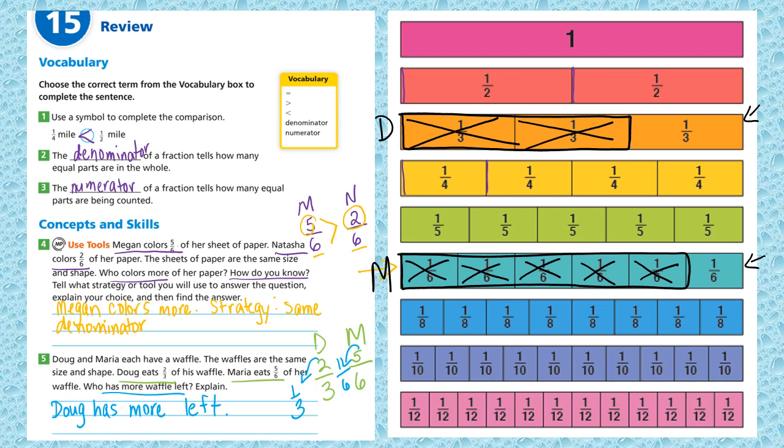And we can see that Doug has 1 part out of 3 left over, and Maria has 1 part out of 6 left over. And since my denominator of 3 is less than my denominator of 6, I know that that 1 part that Doug has left over is going to be greater. So Doug has more waffle left over.